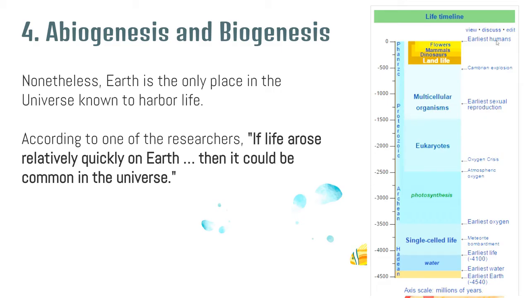So if you notice, our species is actually relatively young compared to the rest of the living things, and even compared to the rest of the planet. Our species, Homo sapiens, has only been around for approximately 200 to 300,000 years, and we're talking about billions of years here in retrospect.